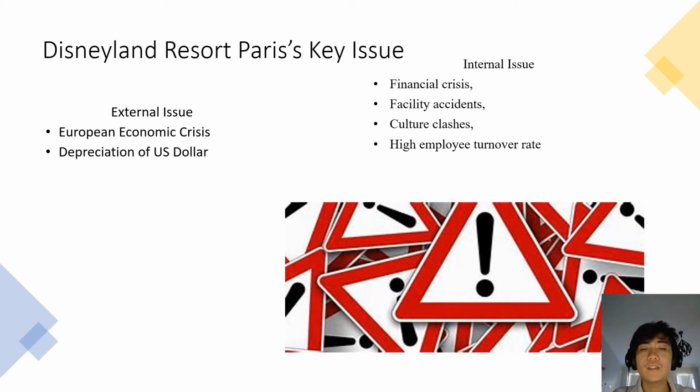Internal problems include the financial crisis in the Disney company and facility accidents, the cultural tax problems, and the high employee turnover rate. And external problems include the European economic crisis, which led the European travelers to choose the cheaper leisure rate, and the depression of the US dollar, which has led to loss of the international travelers.